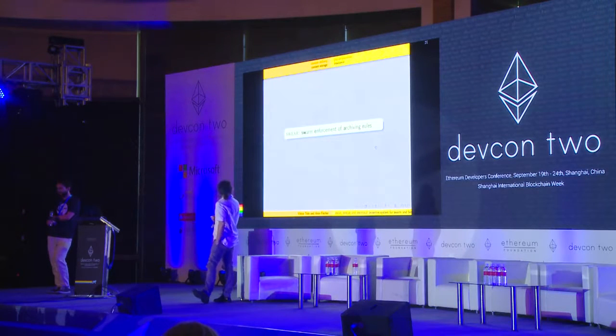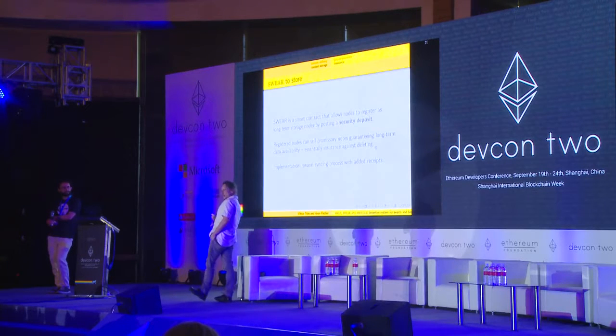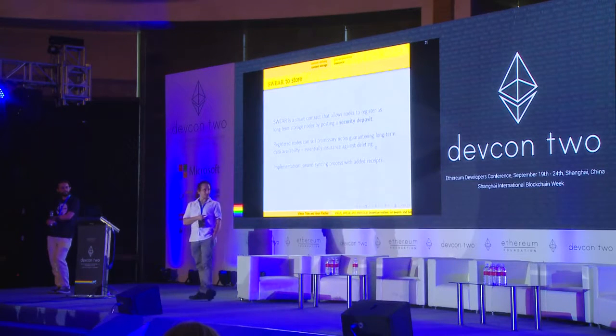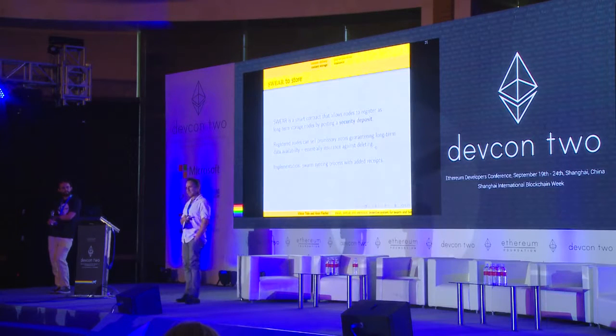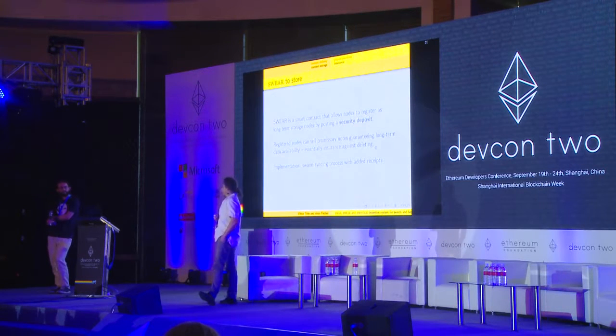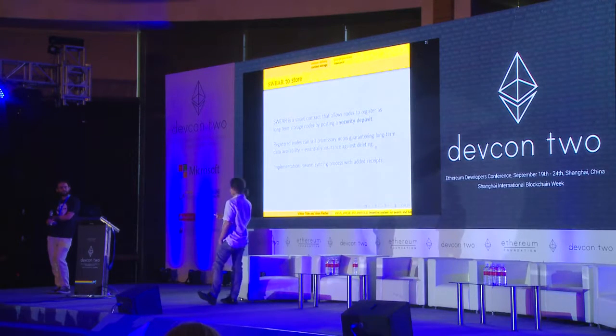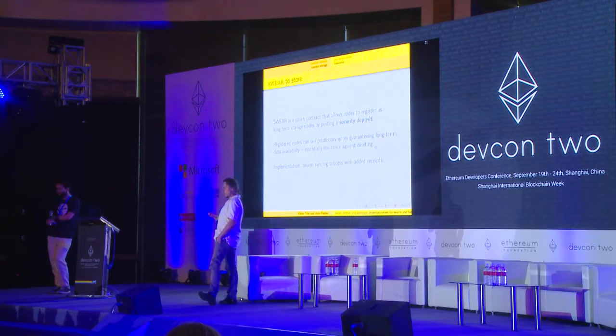First of all, we need a component where I expect the nodes to be registered in order to make sure that they have something on the line. They have something to stake. So if they make a mistake, then they lose their stake.